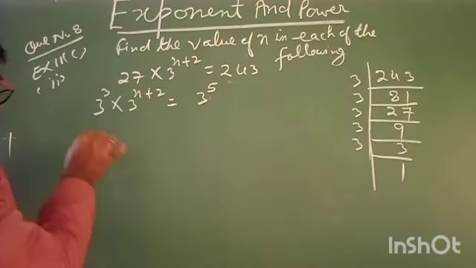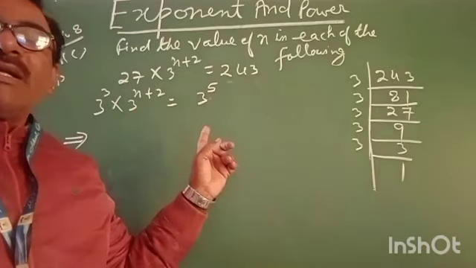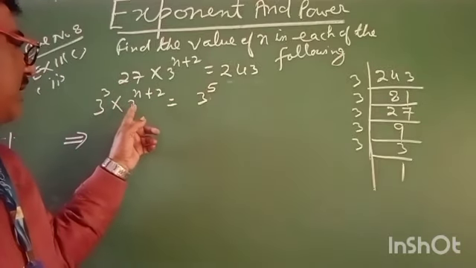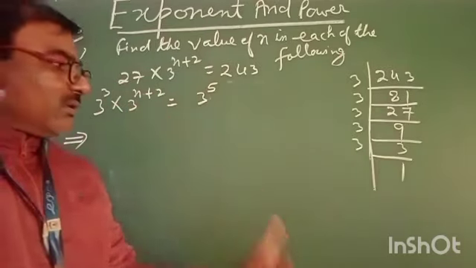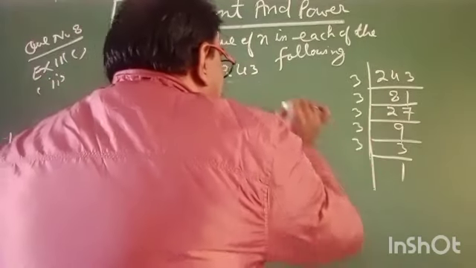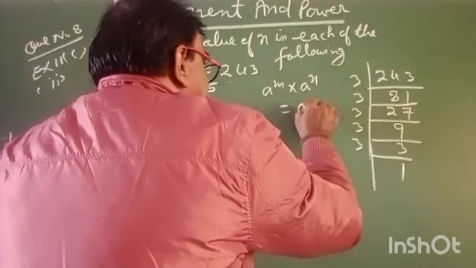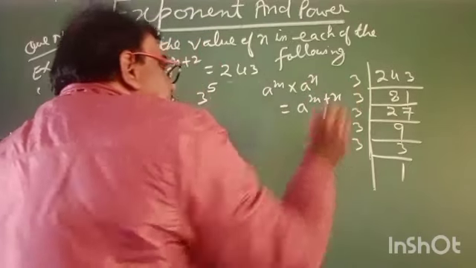Now here, as you see, the law of exponent: a to the power m multiplied by a to the power n equals a to the power m plus n.